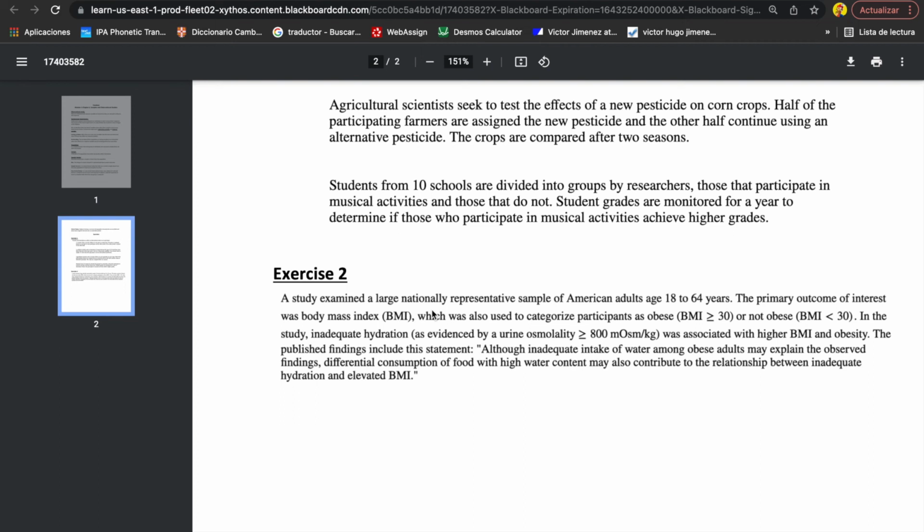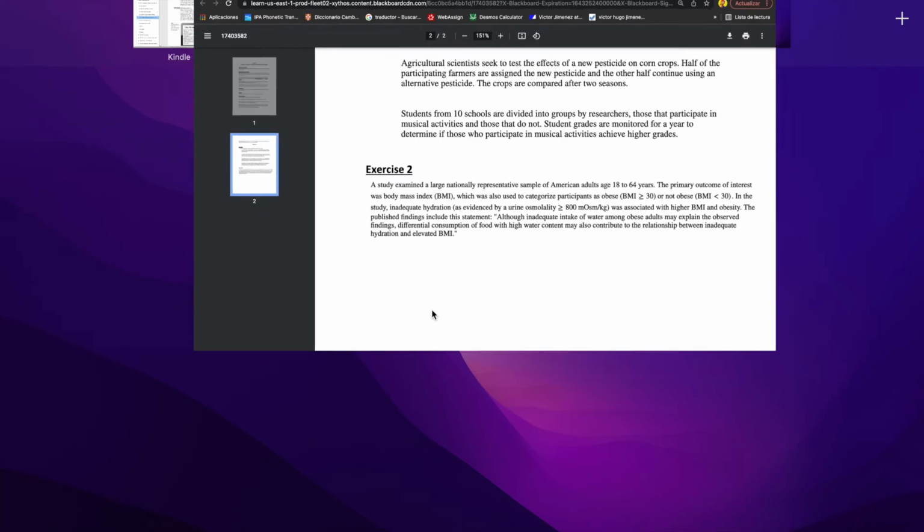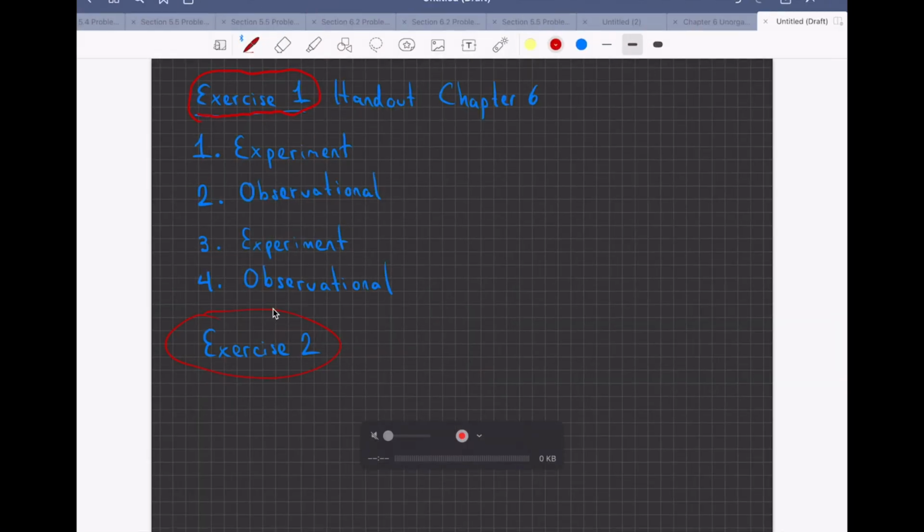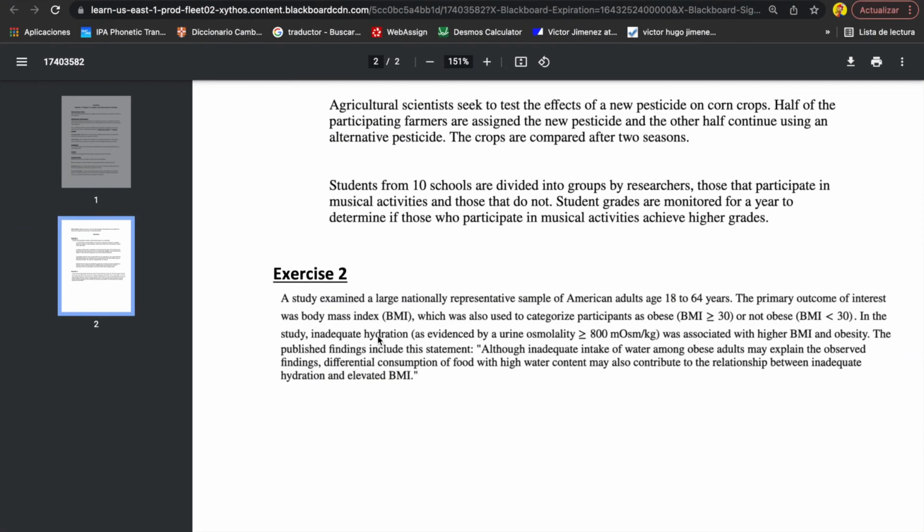I didn't put what this is asking for, but anyway, here we have to specify kind of study. So first, before I read, exercise number 2, kind of study. What kind of study is this?